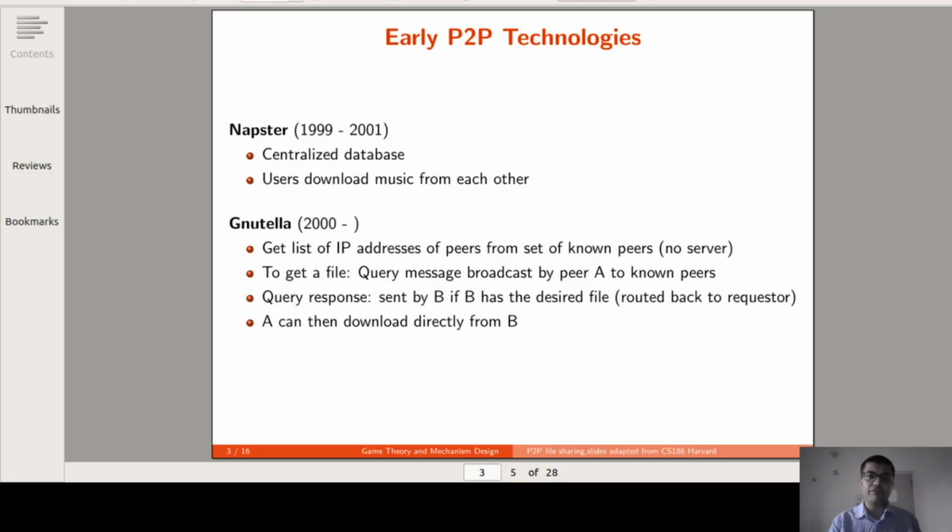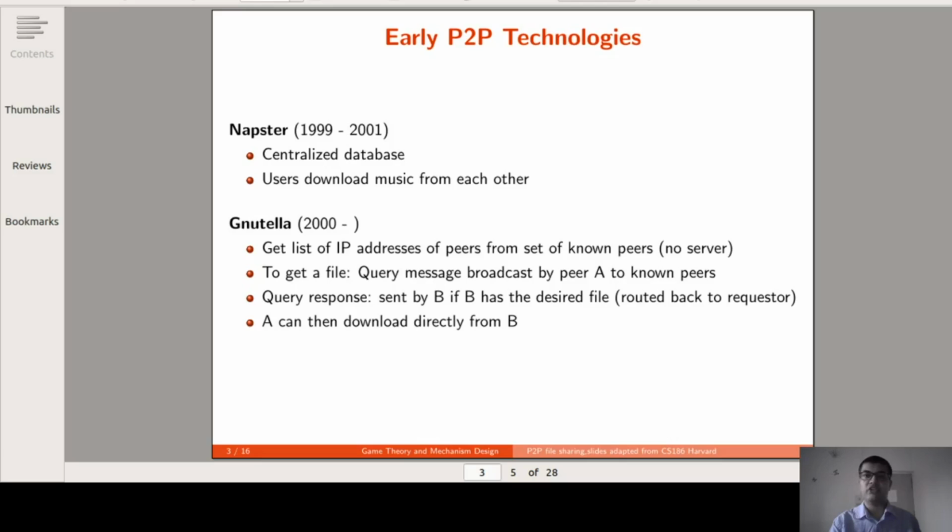Now, to get a file in this setup, a query message needs to be broadcast by a peer to its known peers, and the query response is sent back. So some other peer B will send back a response if it has the desired file.